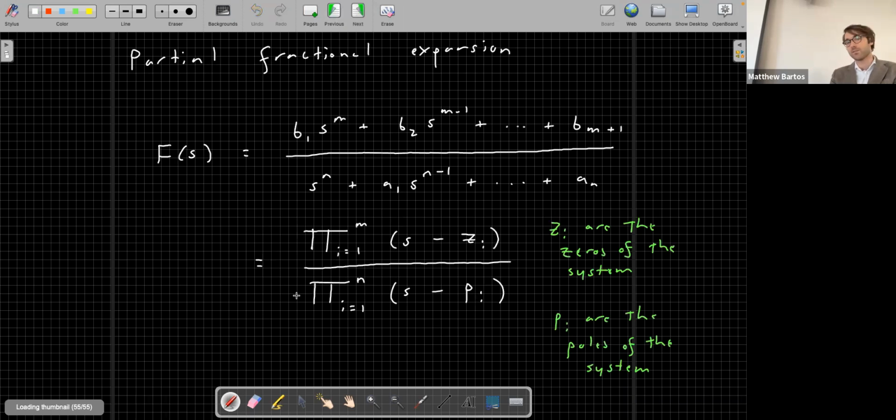we can take this rational function where the numerator is the product of s minus the roots, denominator is the product of s minus the roots.